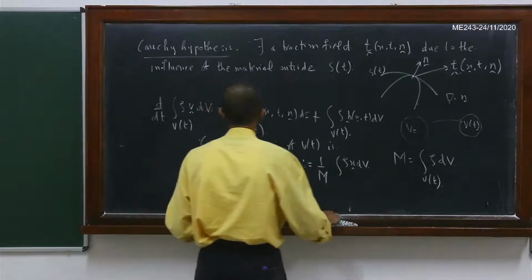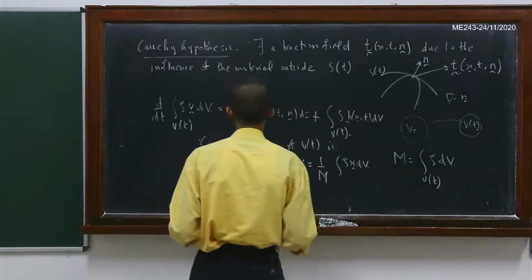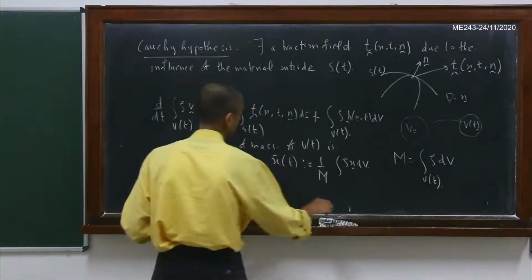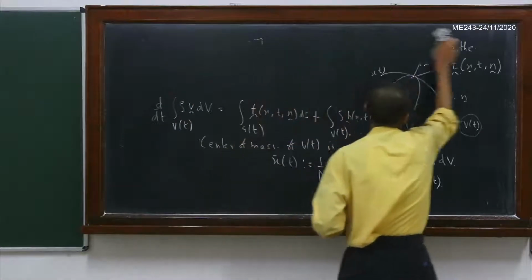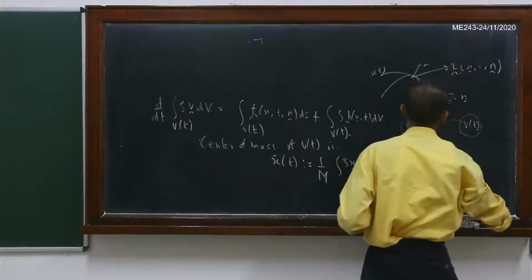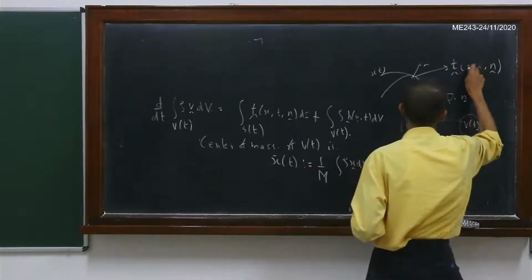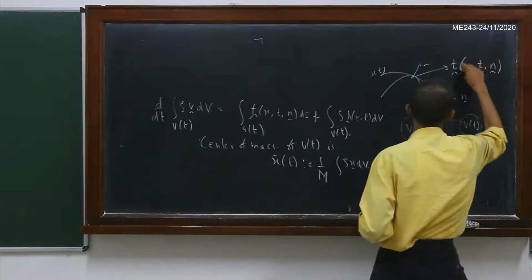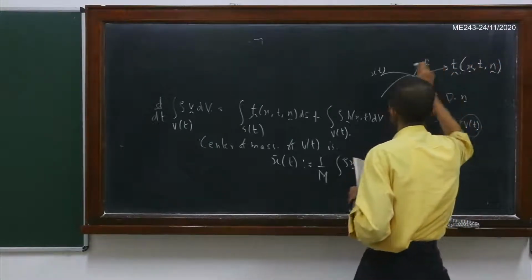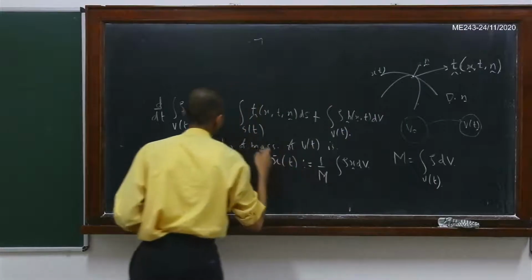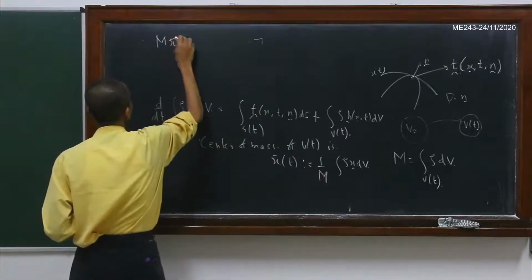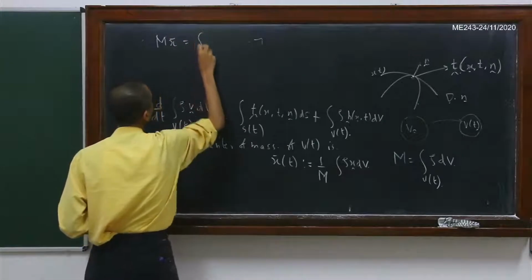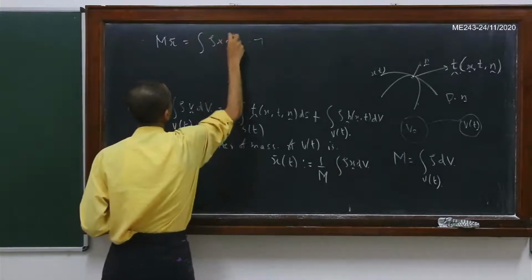Okay, so now we can write this particular statement as follows. So that is M times x bar is equal to the integral of rho x times dv.